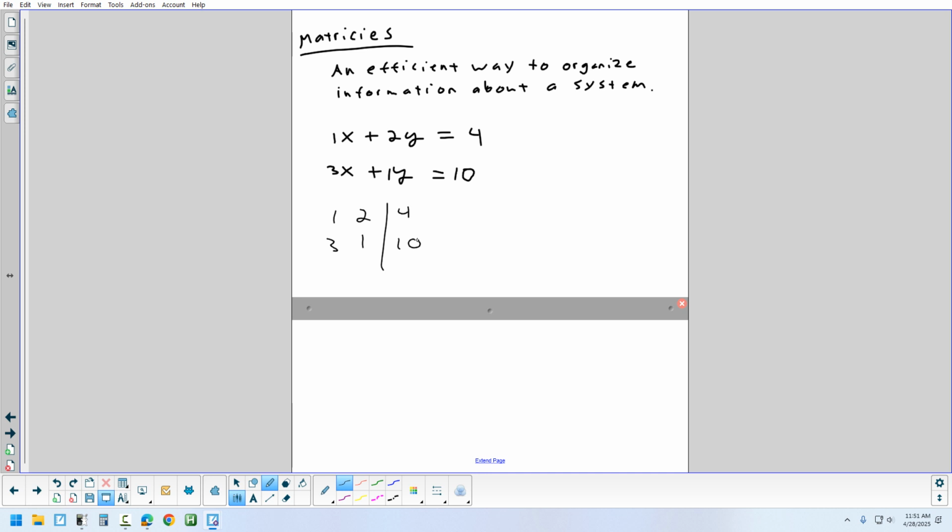So tomorrow, we're going to transition to writing things as a matrix. The steps are going to be pretty similar. The advantage is it just takes up less space. It's less writing. Depending on how big you write, it could take up the same amount of space, but it's less symbols and letters you have to write down. Okay, but tomorrow, that's what we'll look at.